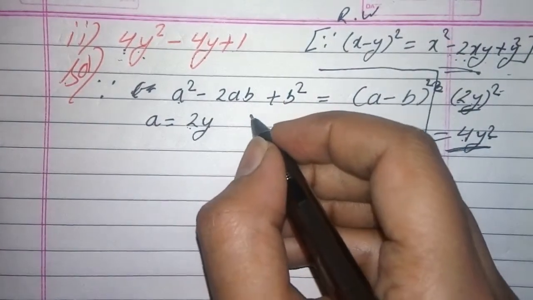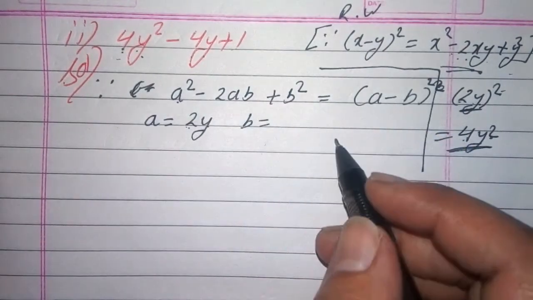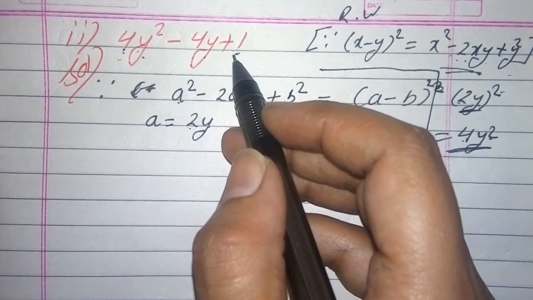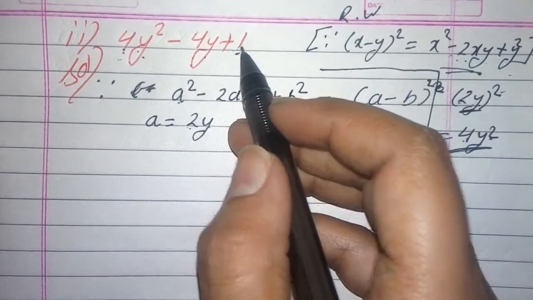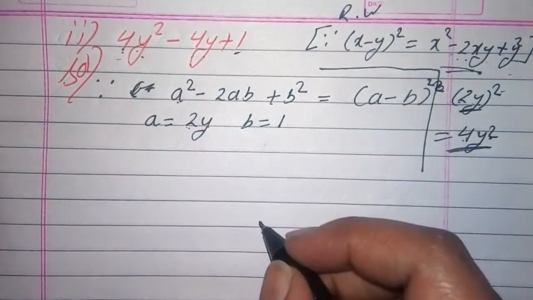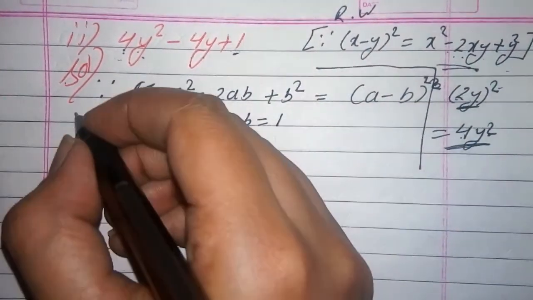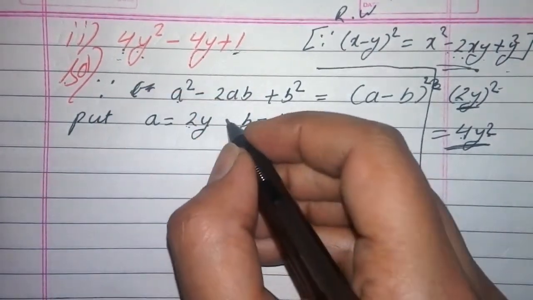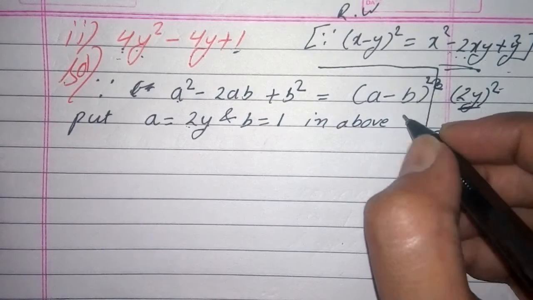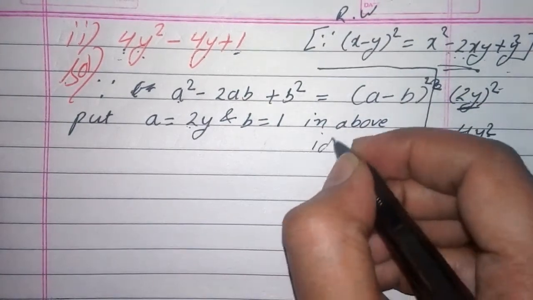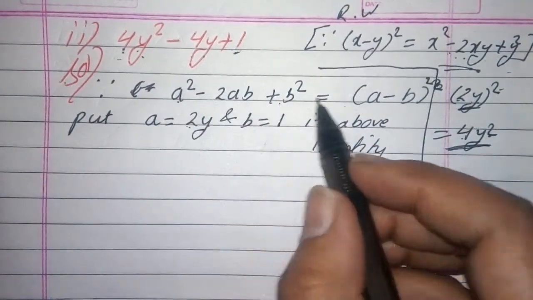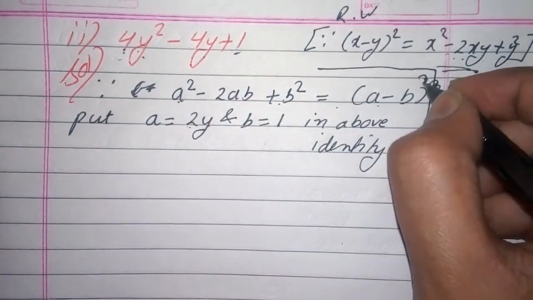And value of b, we can easily get from the last term, which is the constant term. Here 1 is the constant term. So square of 1 is 1. So the value of b is 1. So put a equal 2y and b equal 1 in the above identity, identity number 2, which is a square minus 2ab plus b square equal (a minus b) whole square.